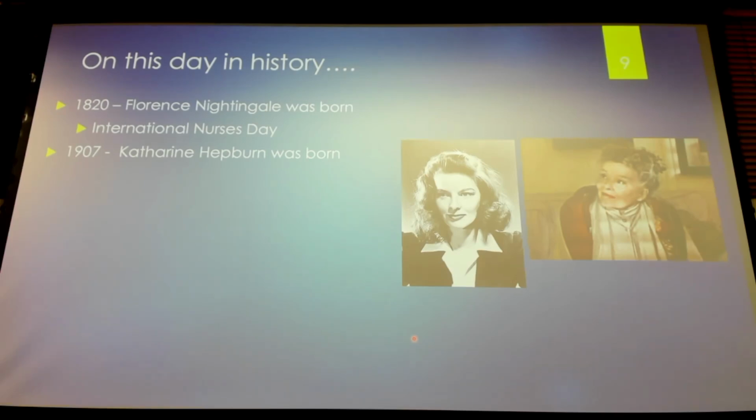That's pretty important, and because of her, today is considered International Nurses Day. And then 1907, Katharine Hepburn. I think the majority of people probably don't know Katharine Hepburn, but certainly she was in movies up until the 1990s. She was a really good actress.